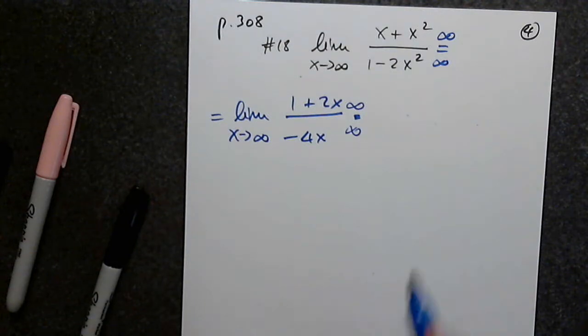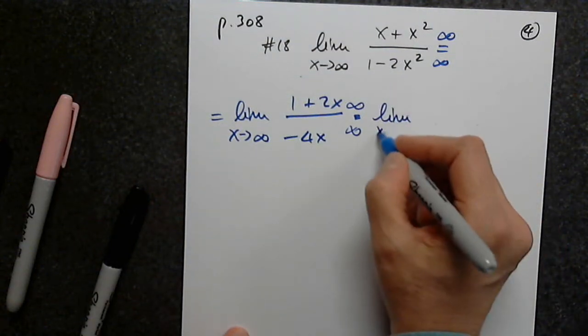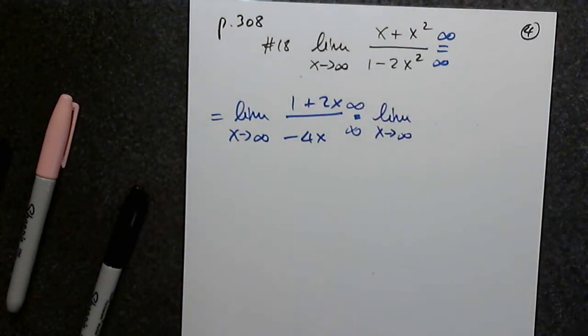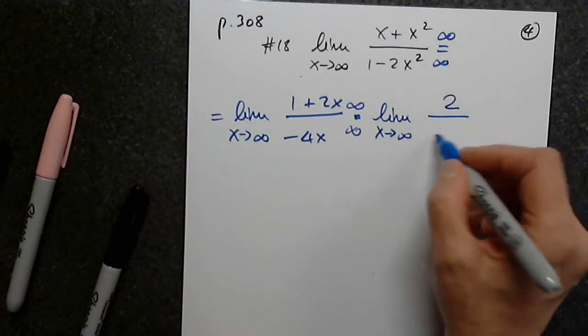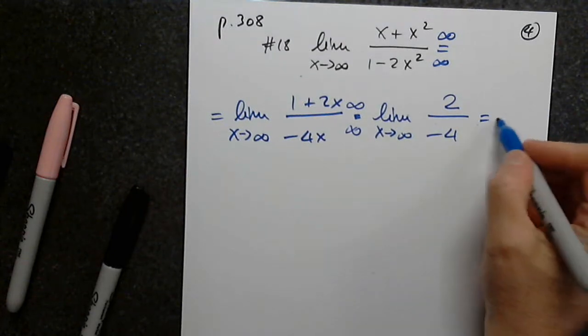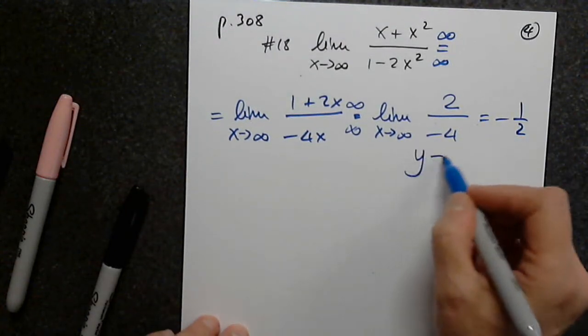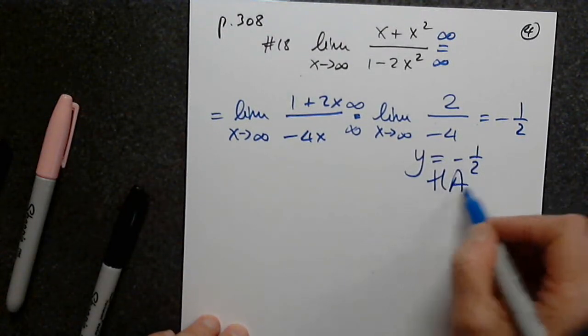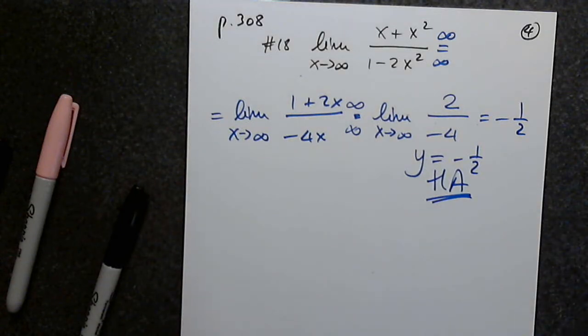The sign doesn't matter. So then limit as x approaches infinity, the top is 2, the denominator is -4, and as we expected, same degree over same degree, the leading coefficient over the leading coefficient. We knew that from pre-calc. So it's -1/2. Which means y equals -1/2 is the horizontal asymptote. We've seen this before many times.